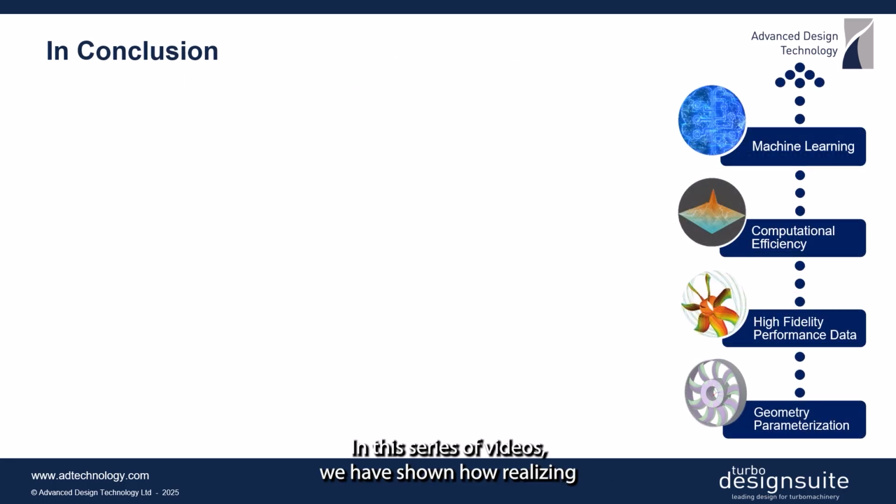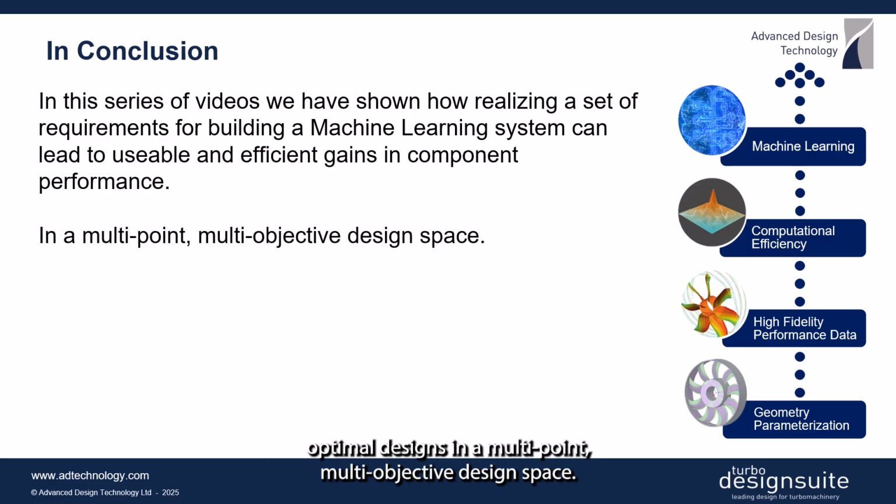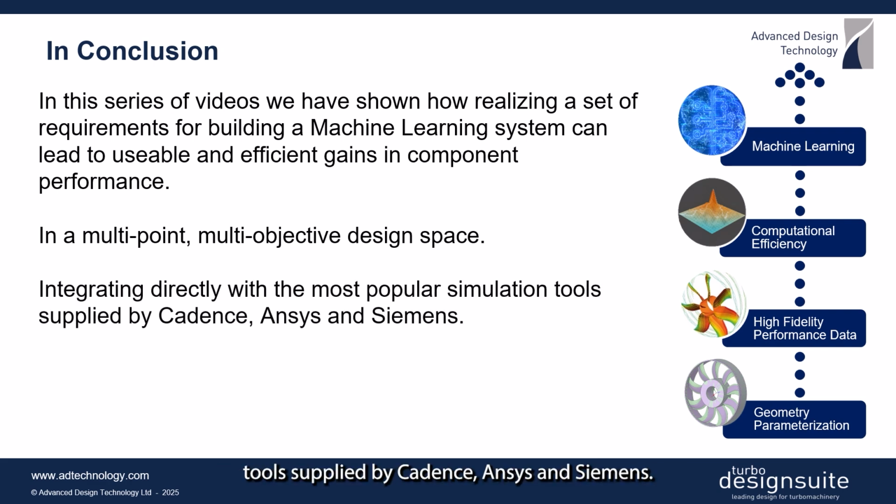In this series of videos, we have shown how realizing a set of requirements for building a machine learning system can lead to usable and efficient gains in component performance. The reactive response surface with CAE model is an ideal method for delivering optimal designs in a multi-point, multi-objective design space, integrating directly with the most popular simulation tools supplied by Cadence, ANSYS, and Siemens.